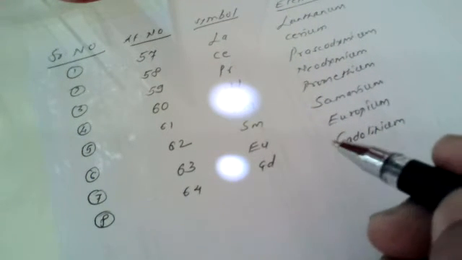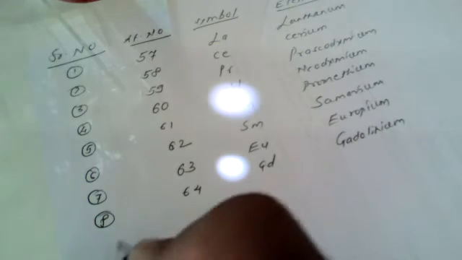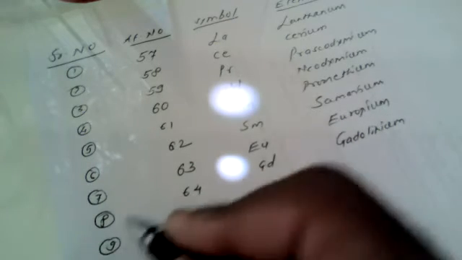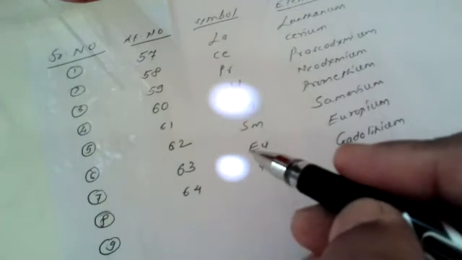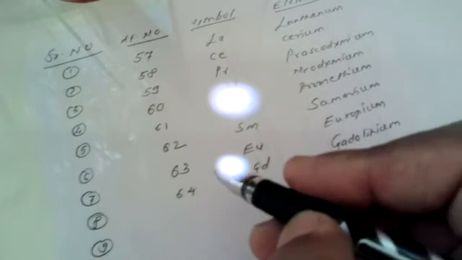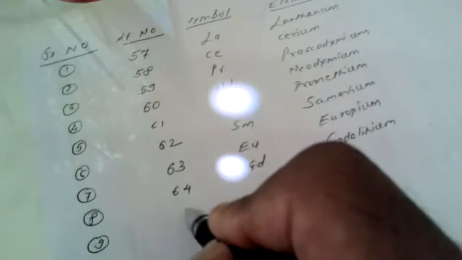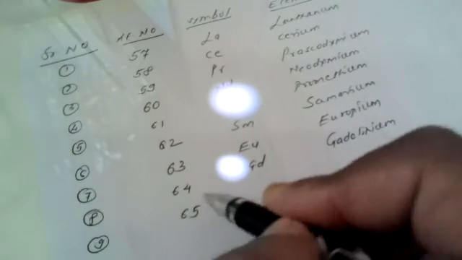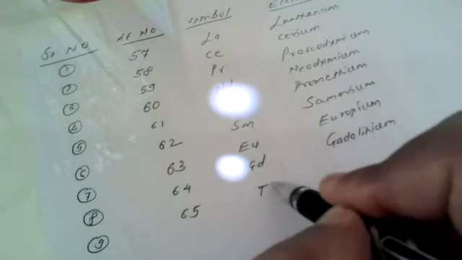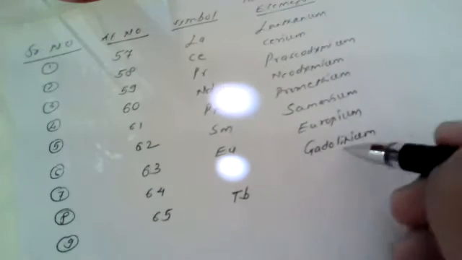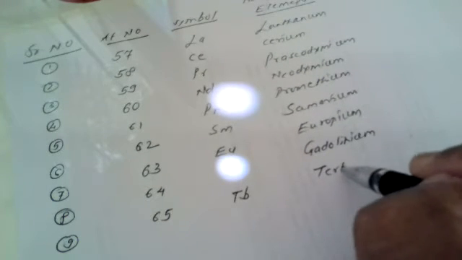Otherwise, it is very difficult because I think in the online examination you should be very well familiar with the entire series. Then the ninth element, atomic number 65, is Tb. Name of the element is terbium.